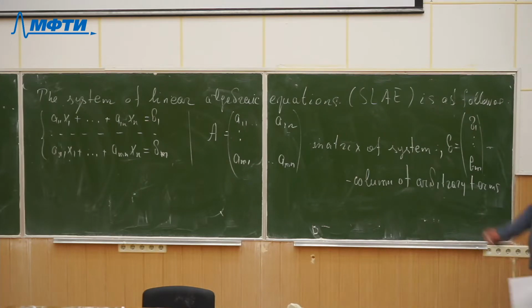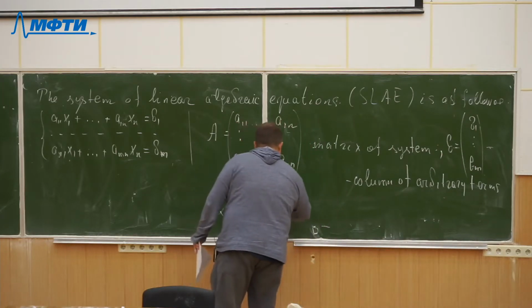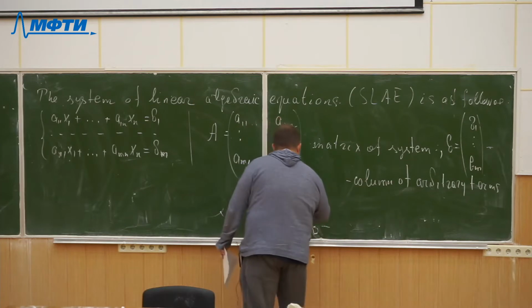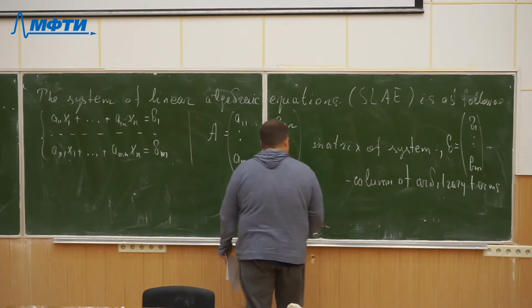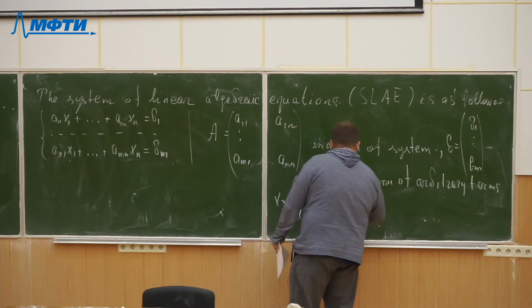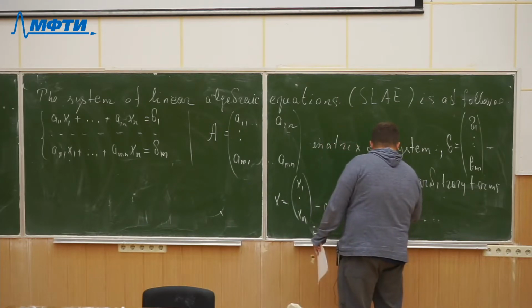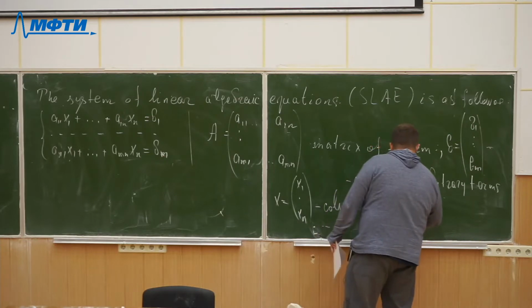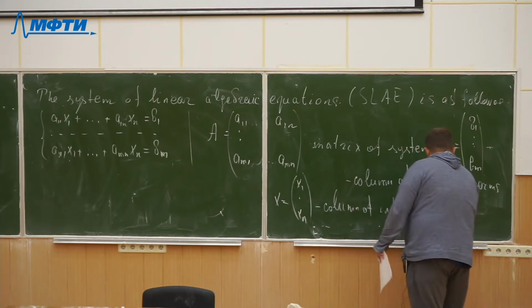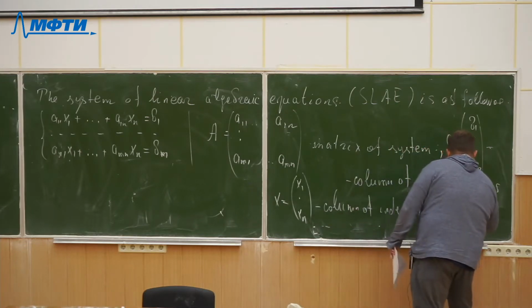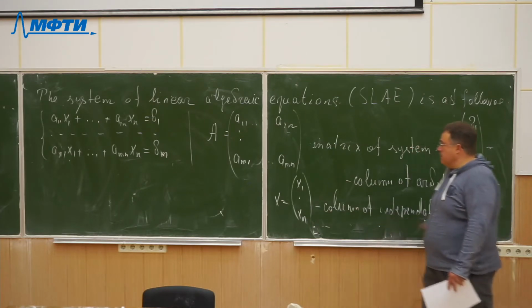With the matrix A and x equals x sub 1 through x sub n, we name this the column of independent variables.